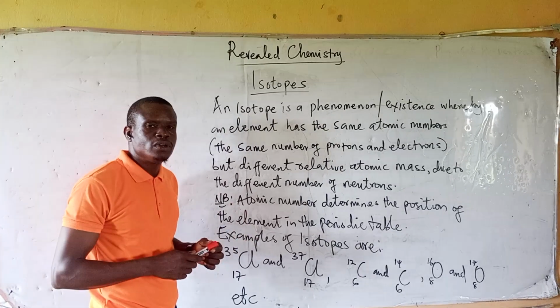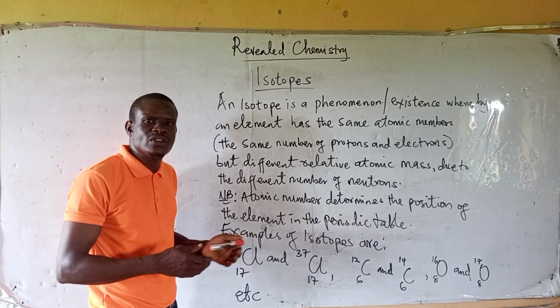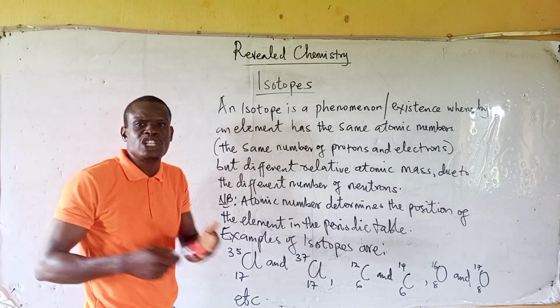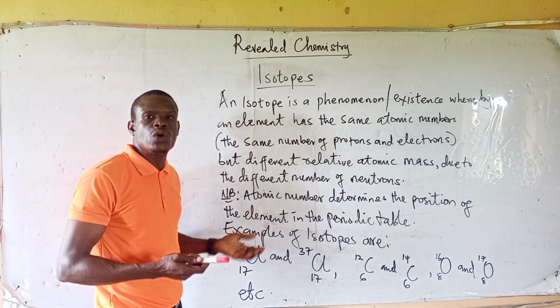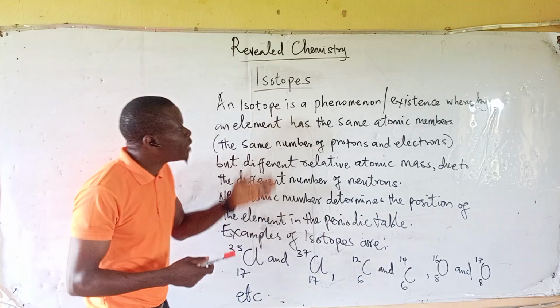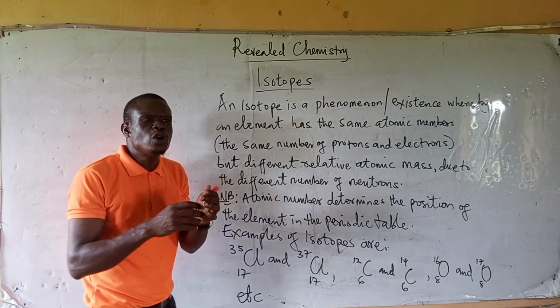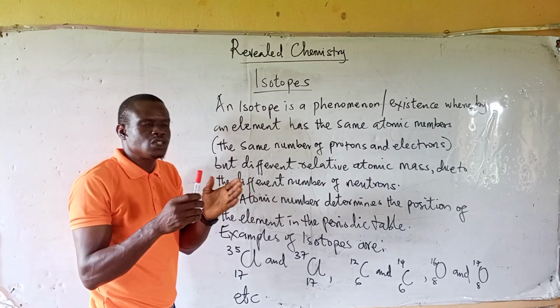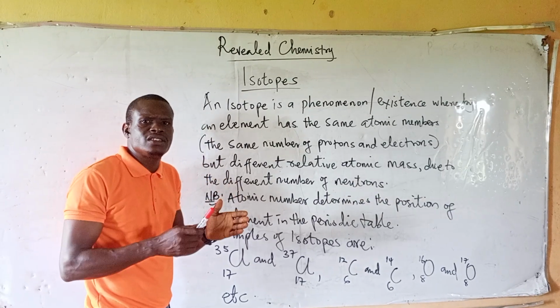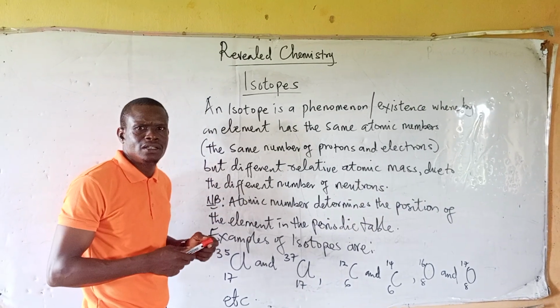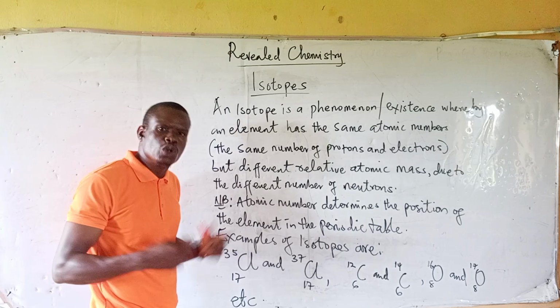What is the periodic table? It is just the arrangement of elements according to increasing atomic numbers and atomic mass, through columns and rows. But here we'll talk about the isotope: those characteristics that determine a particular element. Let's say, for example, chlorine.